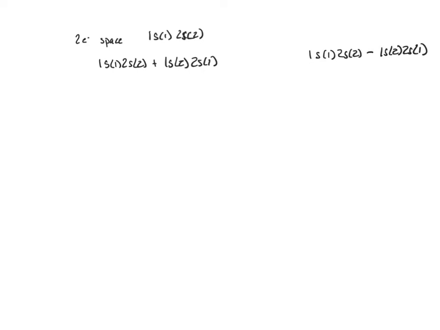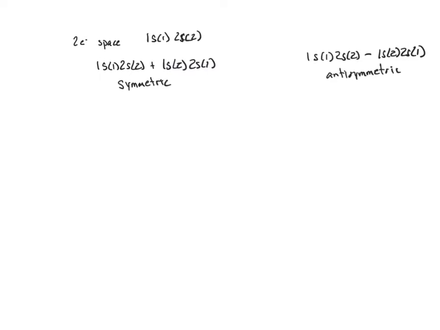This wave function was symmetric because its eigenvalue is +1. And this linear combination where we've subtracted is anti-symmetric because its eigenvalue will be -1. So we're going to call this psi s for symmetric and this psi a for anti-symmetric. So those are our spatial wave functions.